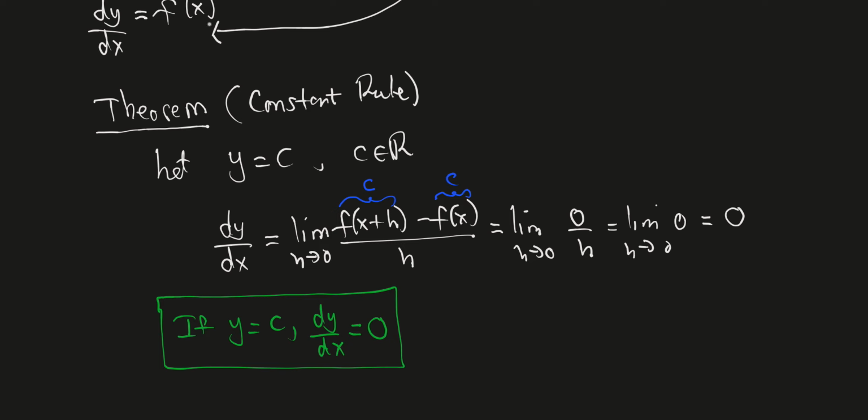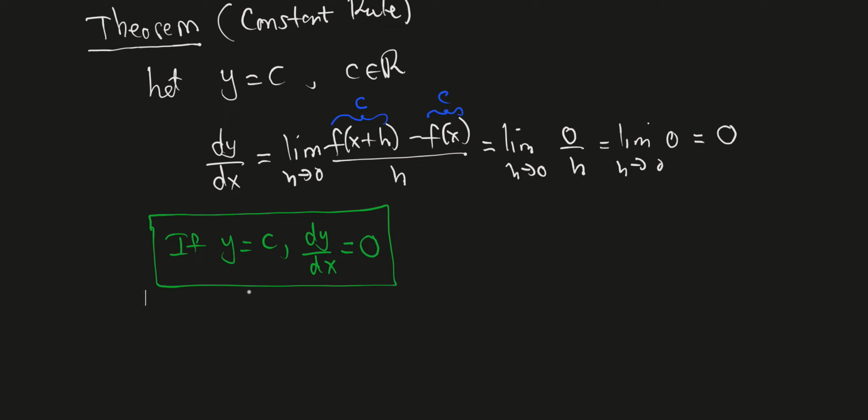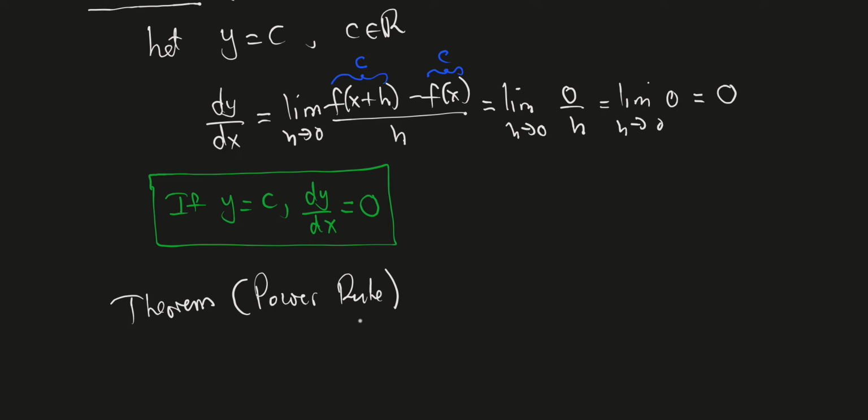our next theorem is a really big one, and it's called the power rule, right? So here's our theorem. It's called a power rule, right? And what it says is it's going to give us a very, very useful rule that will apply in many instances. Unlike the constant rule, where you'll probably never just get a problem that involves finding the derivative of just a constant, right?